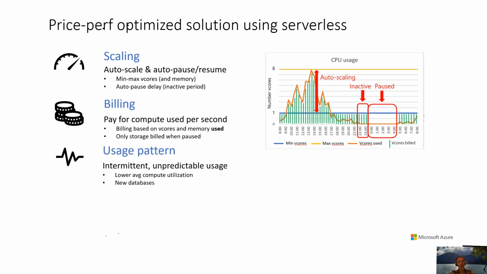In terms of the kind of usage patterns that are the best fit for serverless, you can think of them as being broadly characterized as intermittent and unpredictable. So imagine, for example, a pattern where the compute demands have episodes of bursting activity, perhaps to some high number of cores, but in the intervening periods of time, the usage is relatively low or idle.